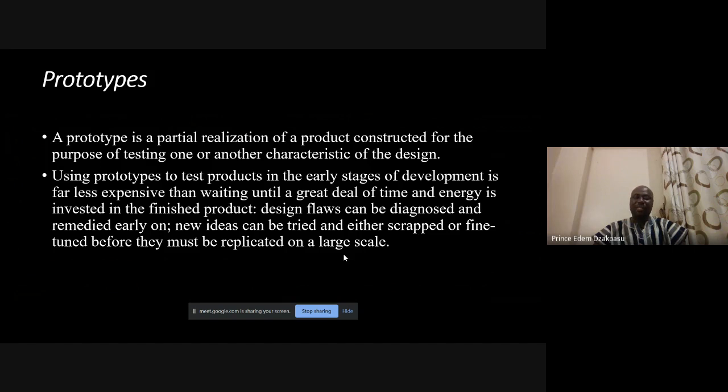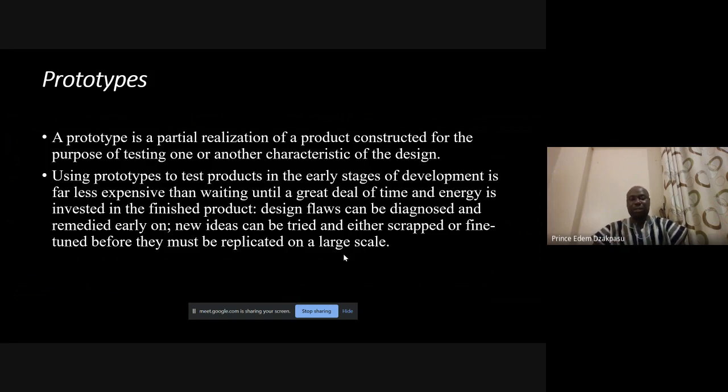A prototype is a partial realization of a product constructed for the purpose of testing one or another characteristic of the design. So when we have a prototype, it's like designing something that is similar to what is expected at the end of the day, so that we can check and see if it can withstand the rigors expected of the final product.